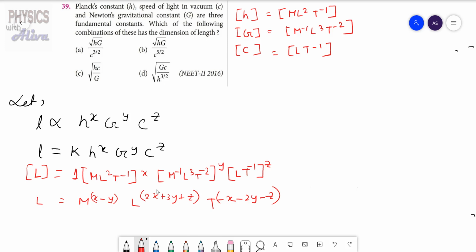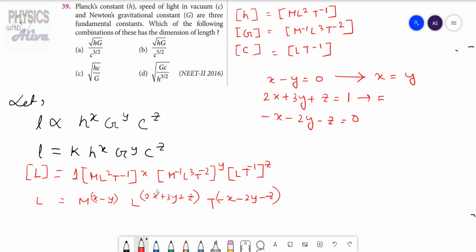Comparing the left hand side and right hand side, we get that x minus y equals 0, 2x plus 3y plus z equals 1, and minus x minus 2y minus z equals 0. So from the first equation we can write x equals y.